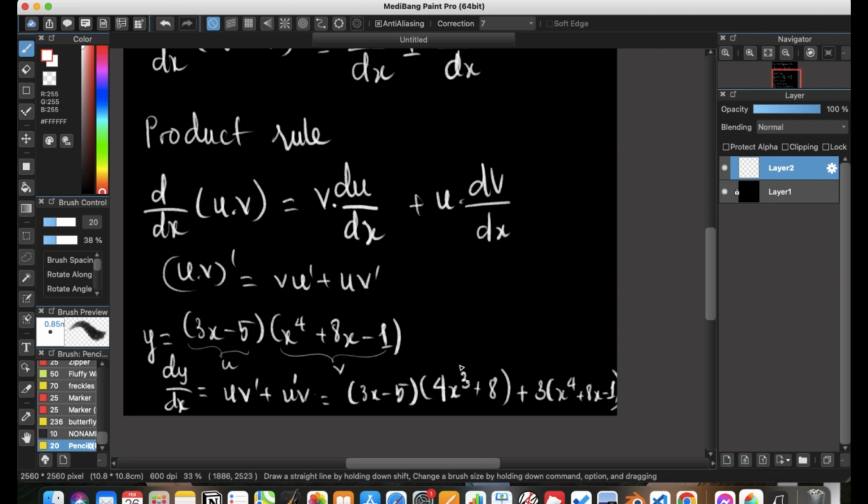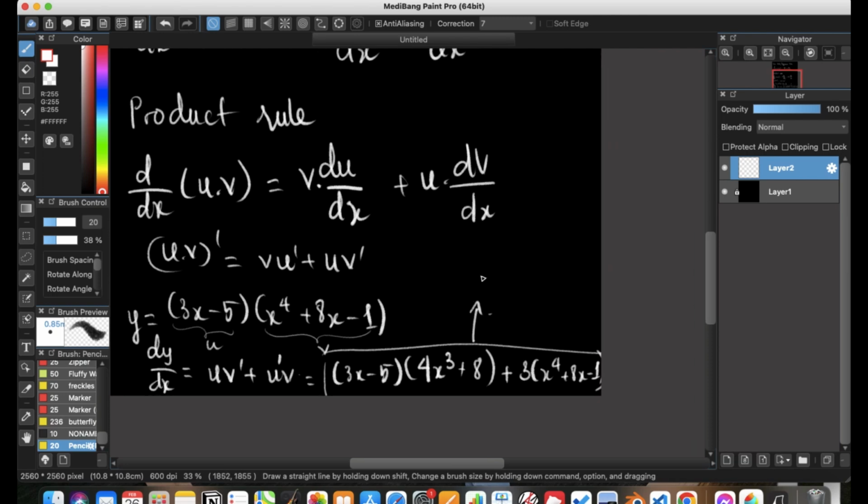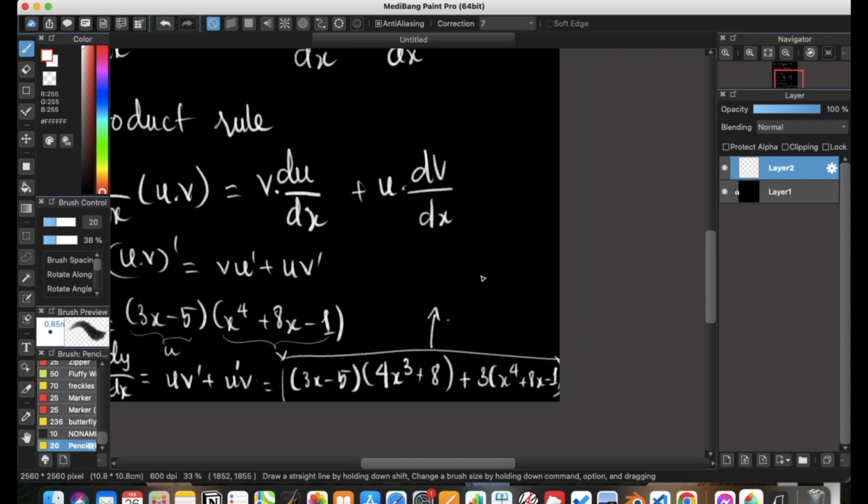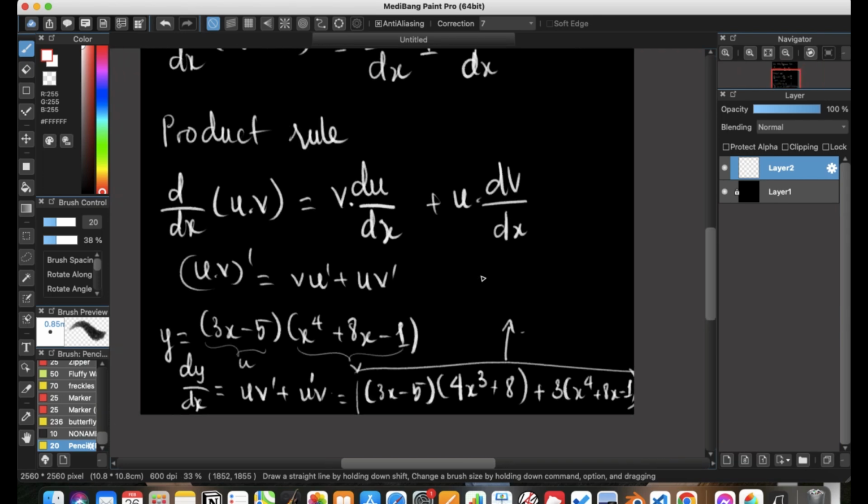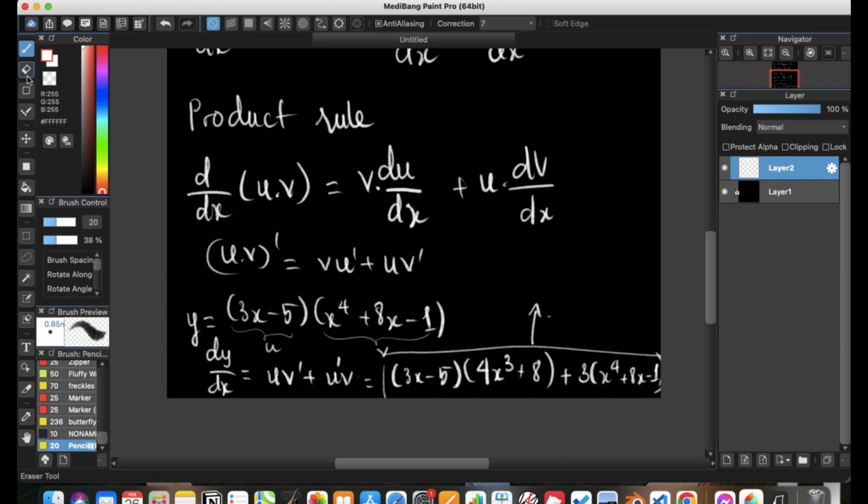And this is basically how to do it. You can write the full form of this equation, but I ran out of space, so basically that's it. Okay.